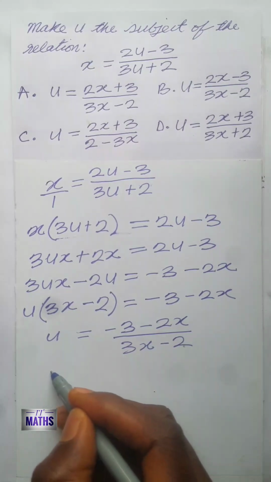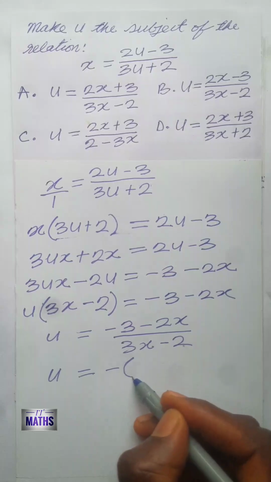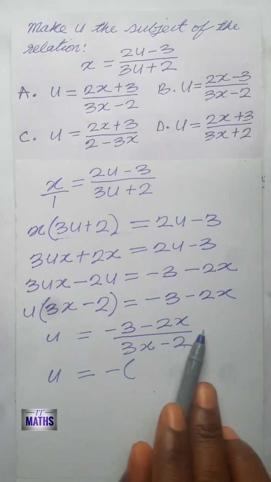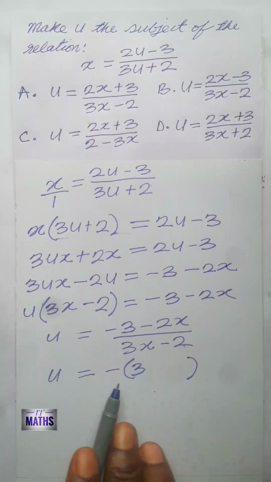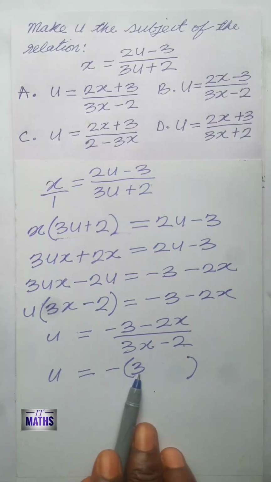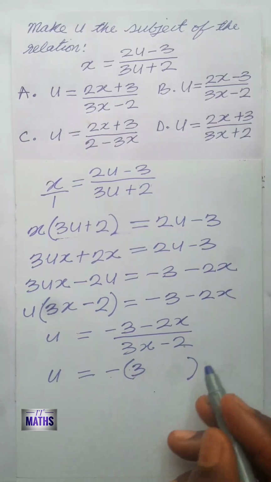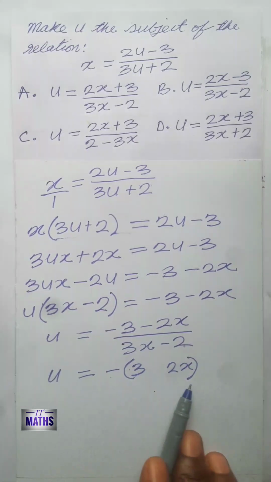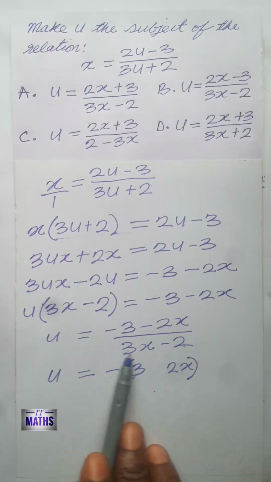So this becomes u is equals to minus. What can I do? How can I arrange this number so that if I put 3 here, this one is not affected. Minus times plus 3 is still minus 3, because minus times plus is minus. Is that okay? But here, 2x, mind you, this arrangement is not going to affect the numbers, it's only going to affect the signs.